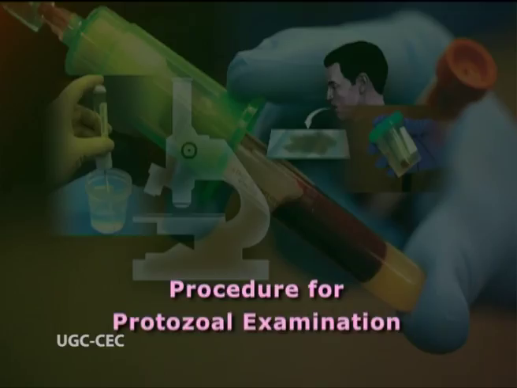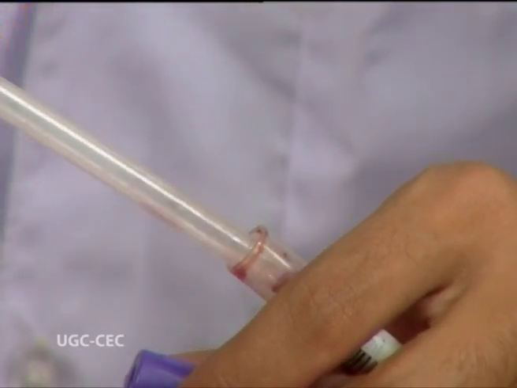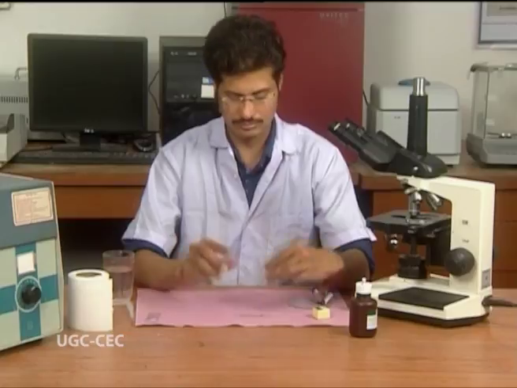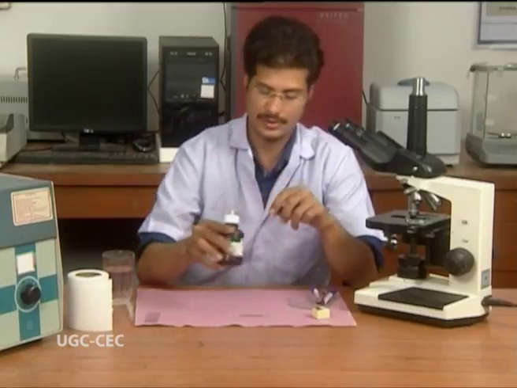Procedure for protozoal examination. Take 1 or 2 drops of blood and make a smear on the slide. And stain it preferably.